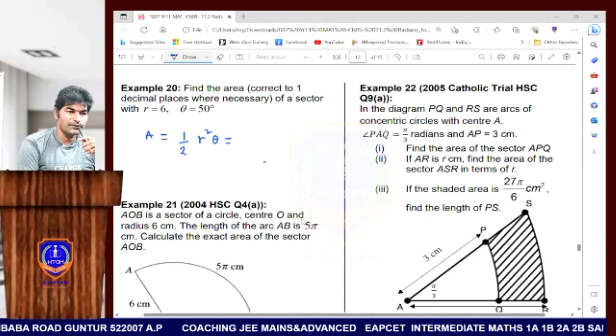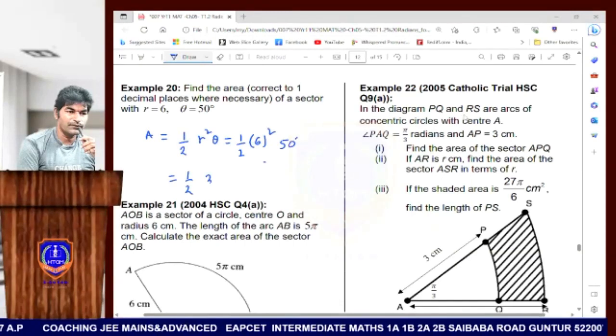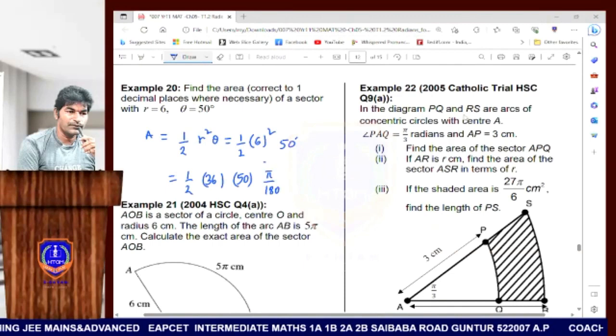Area cannot be in degrees, remember, so we have to convert 50 degrees into radians. So 1 by 2, 6 square is 36, and 50 converts into radians by multiplying with pi by 180.